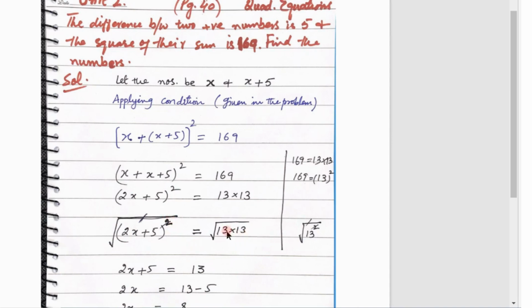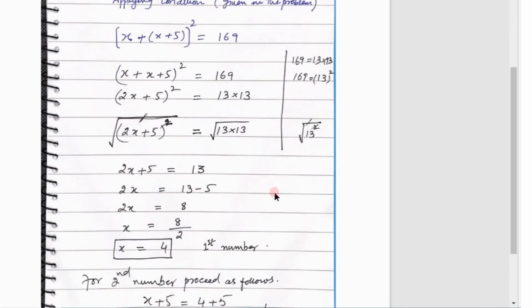Now 13 into 13 is also in the form of square, but I have written it in expanded form. Now this square will be finished with this square root. I have explained it in the rough column, and we are left with 13 only. Now another example: in lower stages, when you were in grade 6 and 7, sometimes teachers would have told you that 13 multiplied by 13 is in the mouth of a crocodile, and so on.